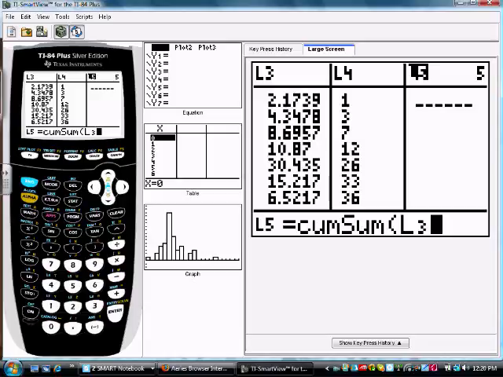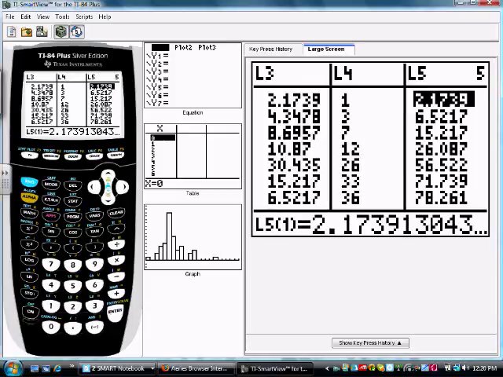Then we have to multiply by 100, though. So you can do a cumulative sum on list 3. You could do the relative frequency on list 4. Take list 4, divided by 46, multiply it by 100. You would get these relative cumulative frequencies.